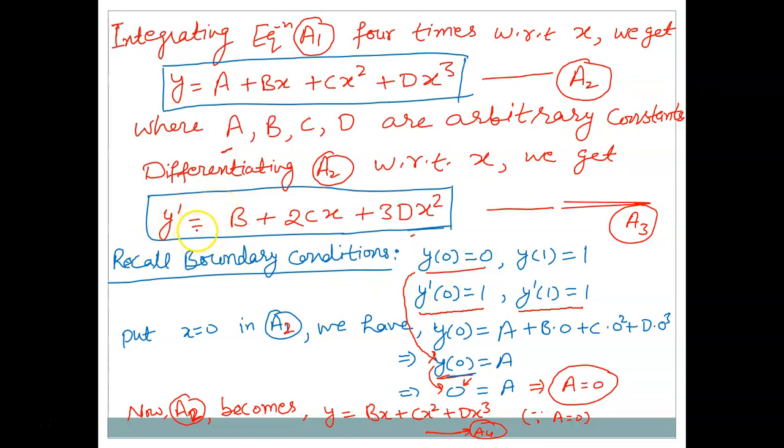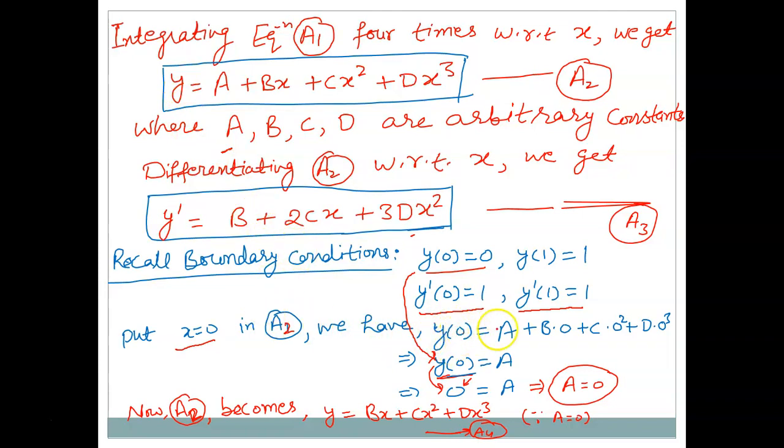When you have calculated y', now applying these boundary conditions, we are going to obtain the values of the arbitrary constants a, b, c, and d. Put x equal to 0 in equation a2. On the right hand side, x is 0, and on the left hand side, y is a function of x, so you write y at 0.